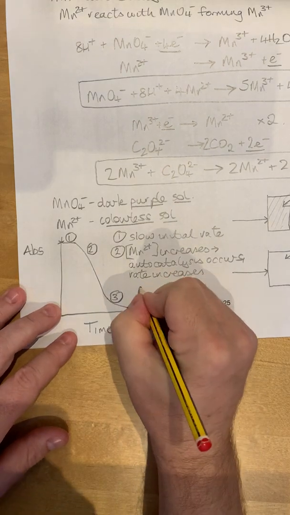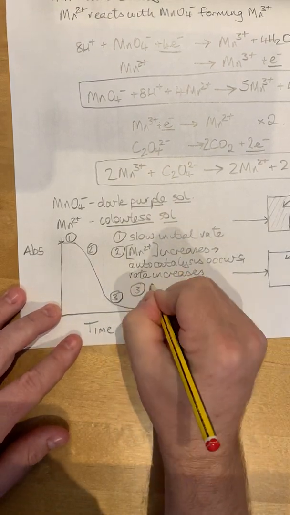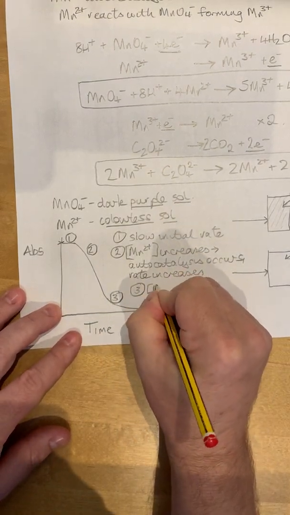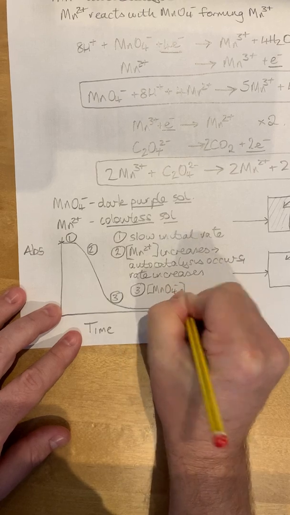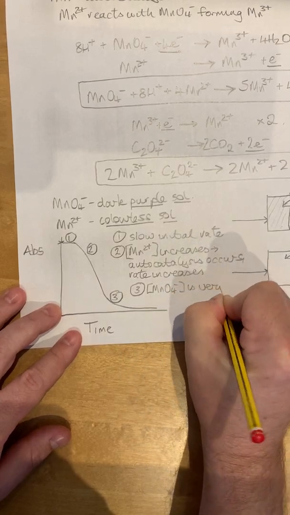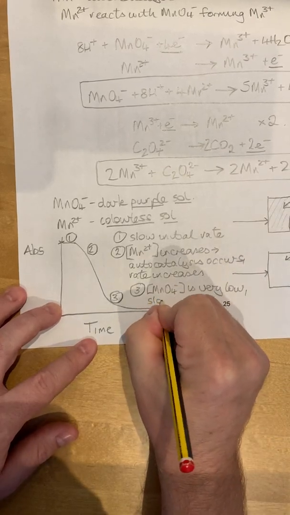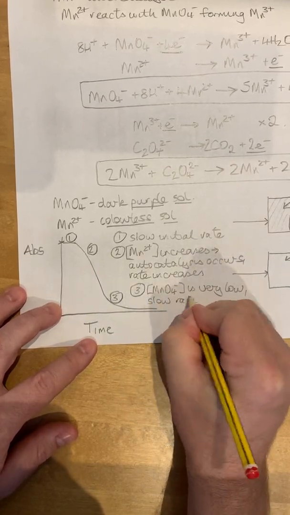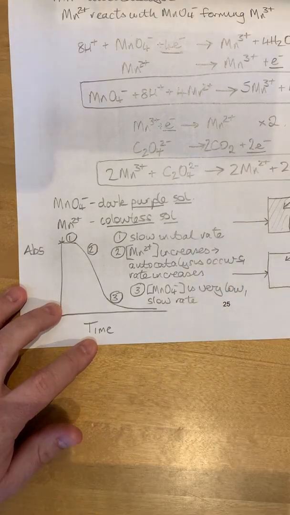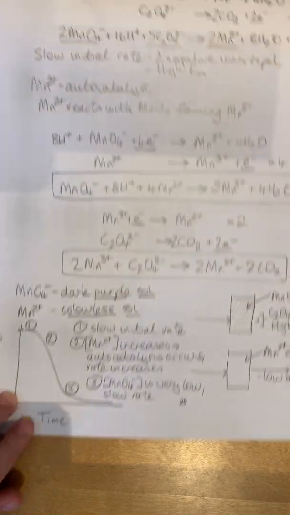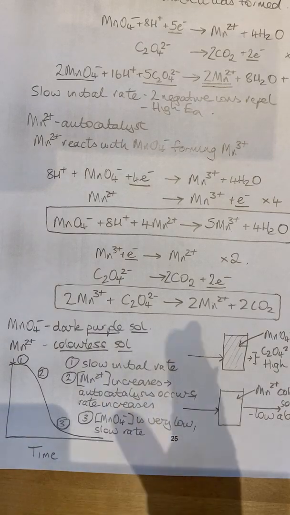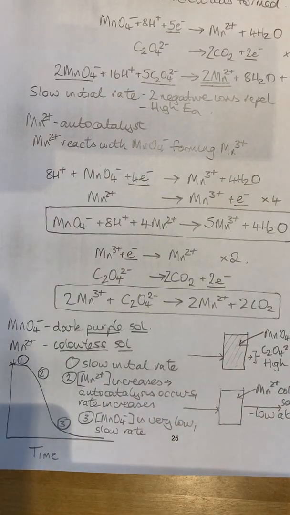And then finally at 3, concentration of MnO4- is very low. Therefore we get a slow rate. So there is quite a lot to that particular equation.